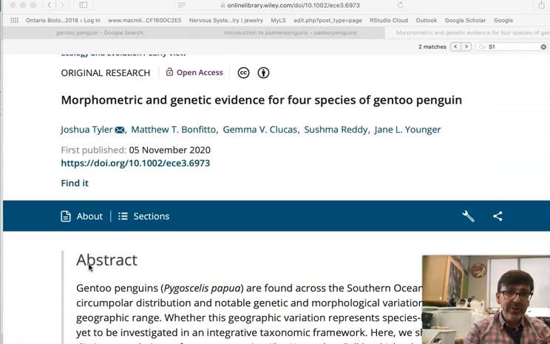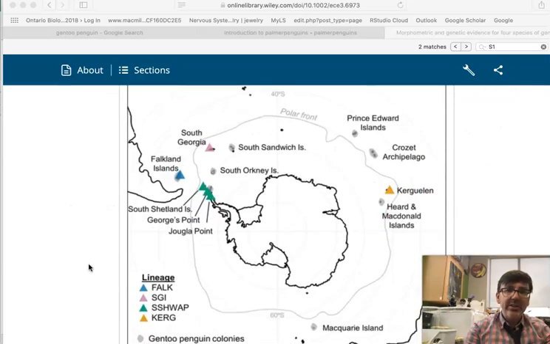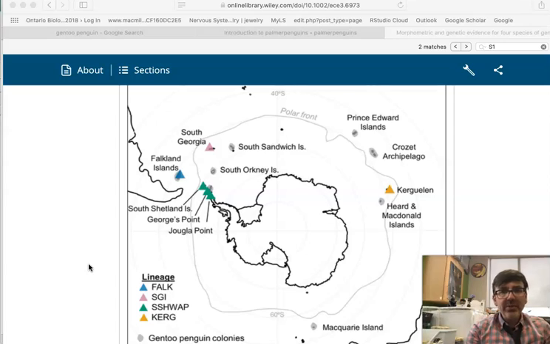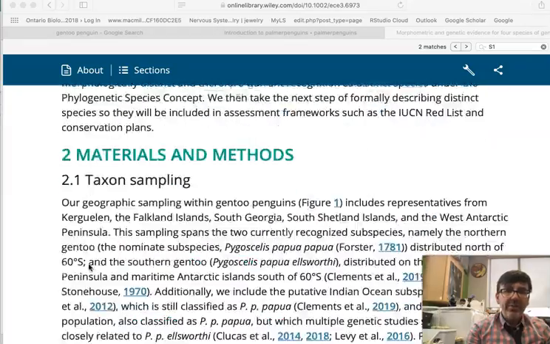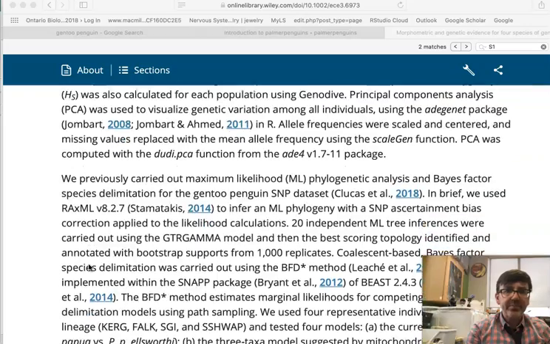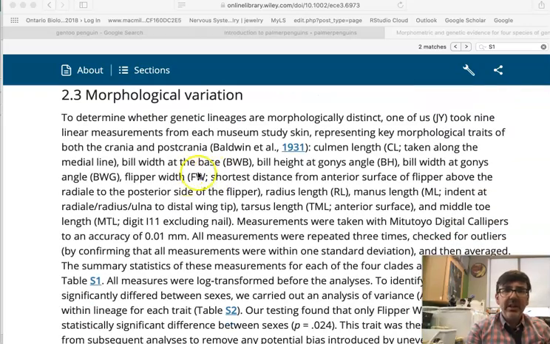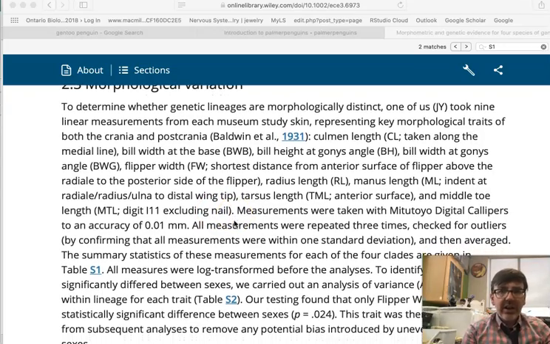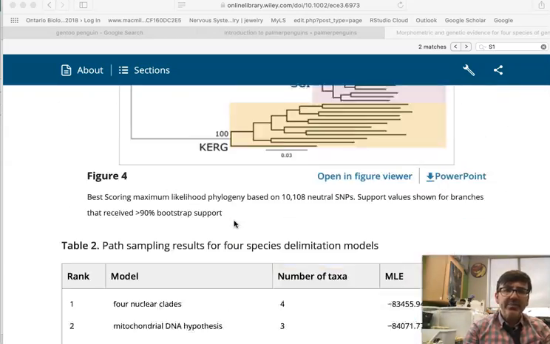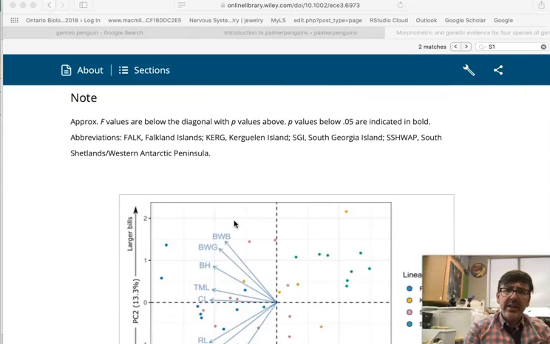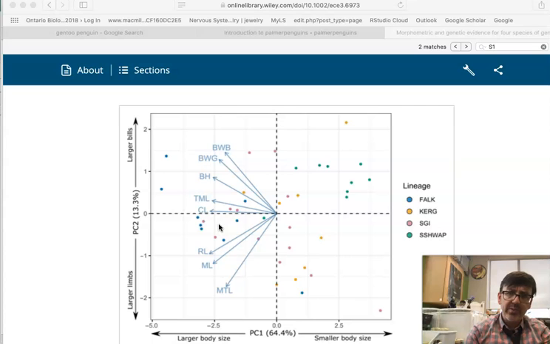It's about Gen 2 penguins, and it's a study in which they went and collected different samples at different locations of this species, and then they collected a bunch of morphometric data about bill height, culmen length, radius length, manus length, lots of different sort of things, and then they performed a principal component analysis on it, and used that to try and make a case that there was sort of multiple different species. It's not just one species.